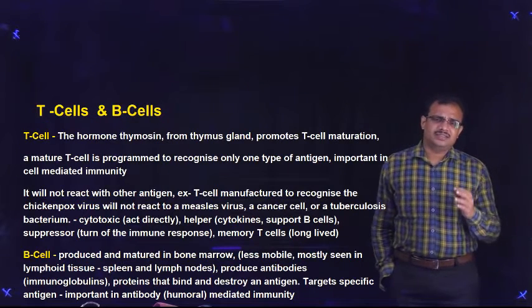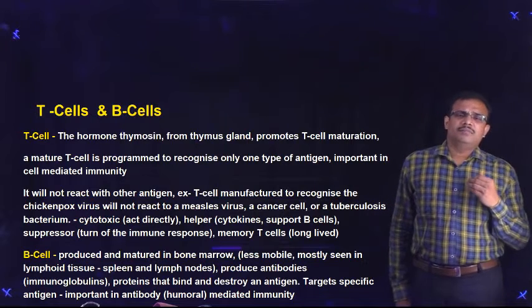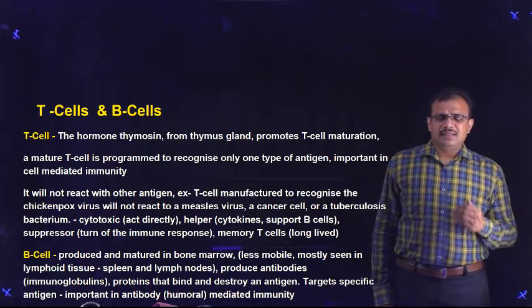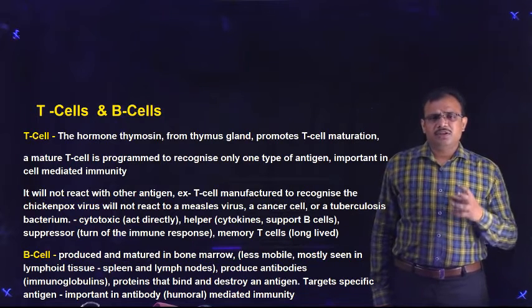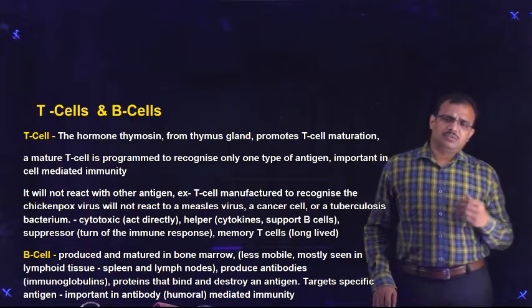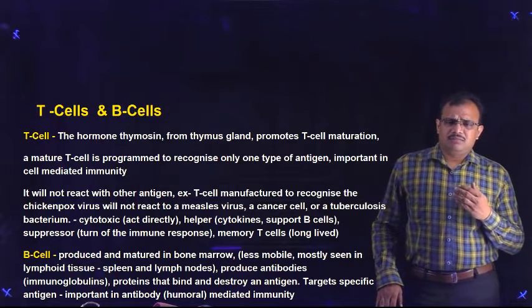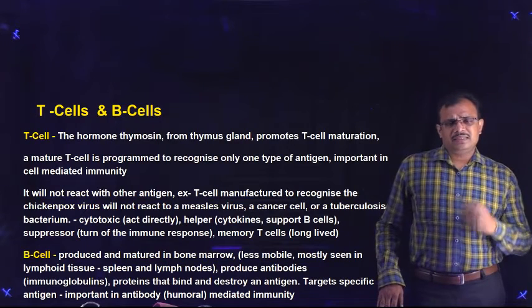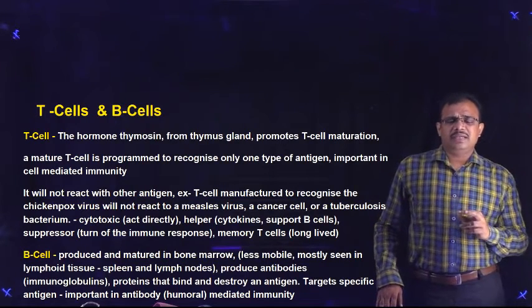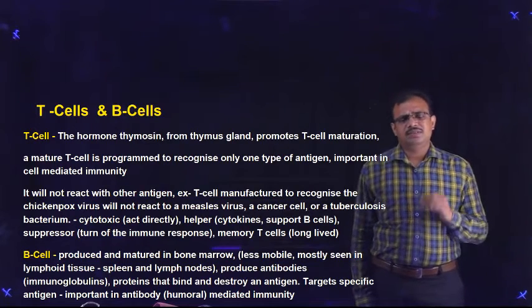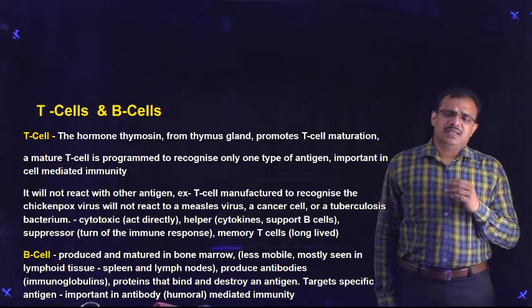Whereas helper T cells release substances such as cytokines. They are essential for helping the B lymphocytes. Whereas suppressor T cells turn off the immune reaction. Whenever an antigen comes into the body, the T cells go and bind to that antigen, and this immune response is suppressed by the suppressor T cells when the immune response is completed.